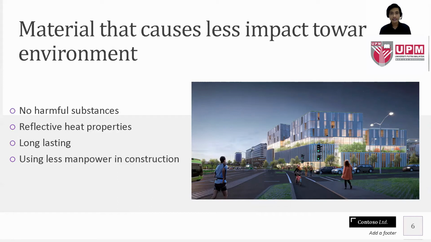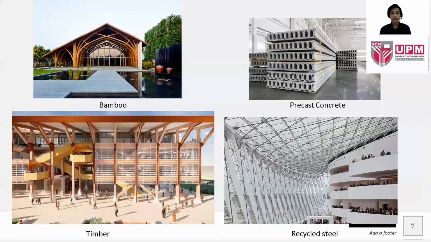So here are the examples of material that can be used for sustainable design, which are timber, precast concrete, bamboo, and recycled steel. These four materials are very unique in their own way because they have their own style and aesthetical expression, but are still sustainable and safe to use.